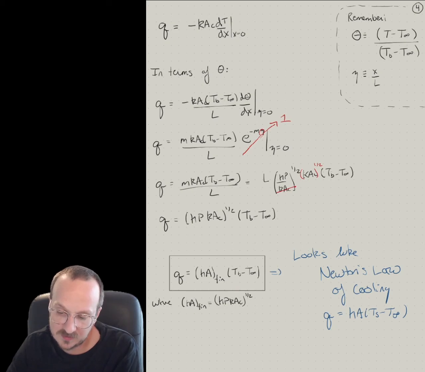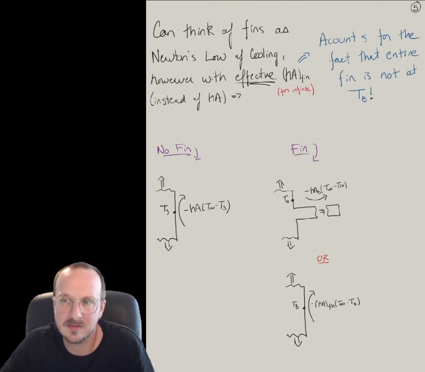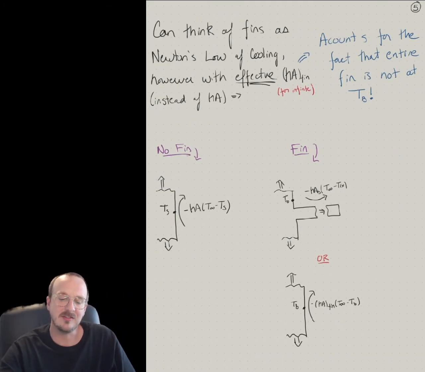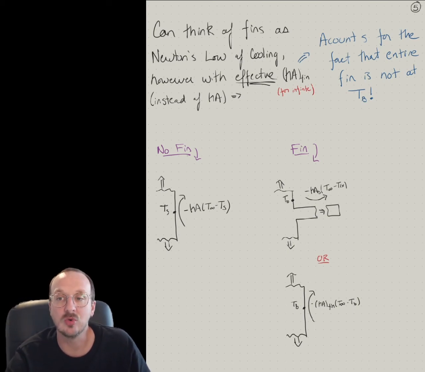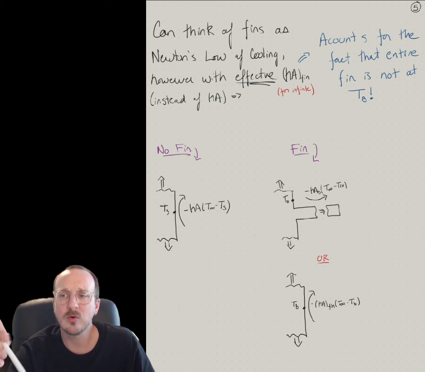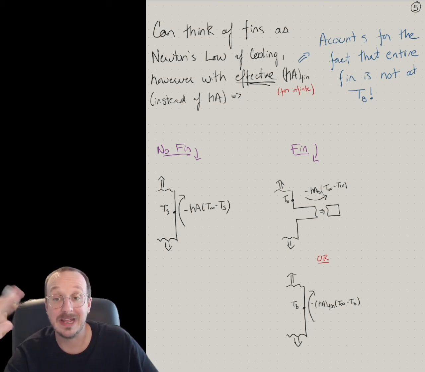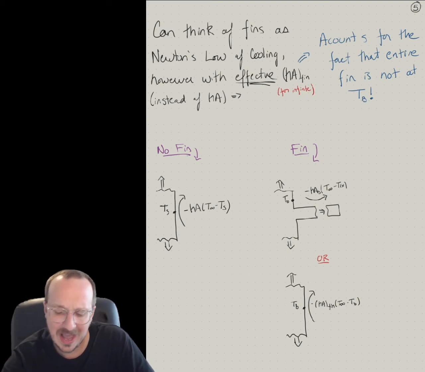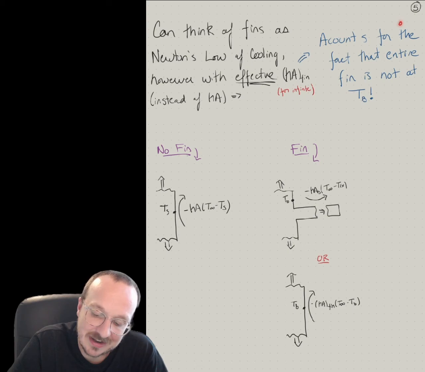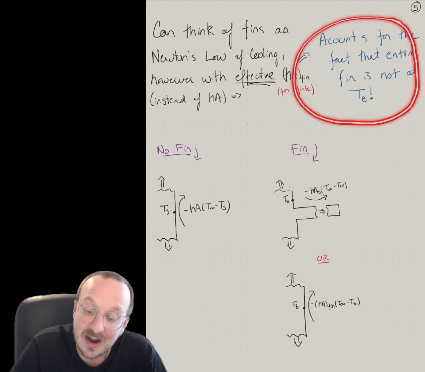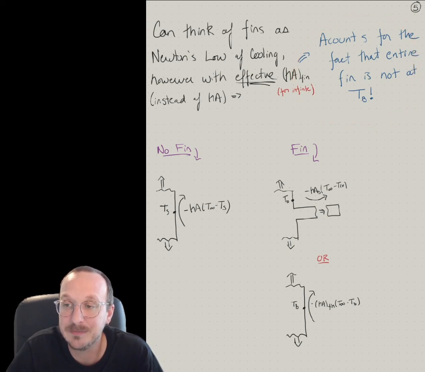And let's see why this happens. The idea is you can think of a fin as Newton's law of cooling, however, with an effective hA fin instead of the hA that you'd have for Newton's law of cooling. And this hA fin is for an infinite fin.